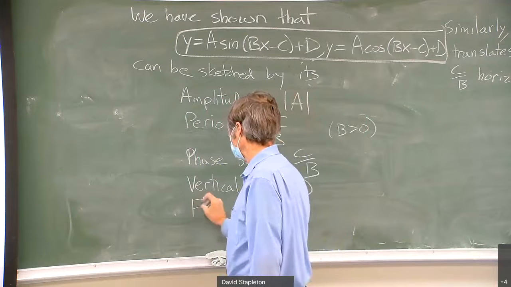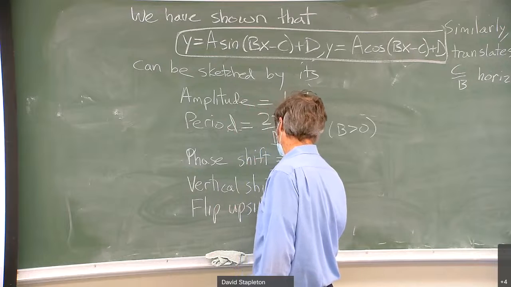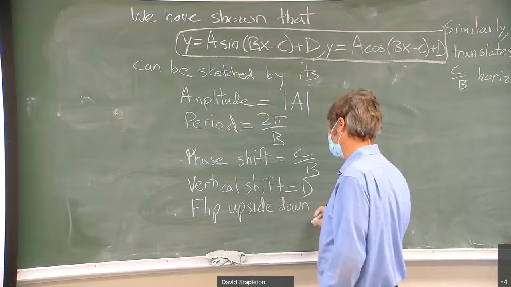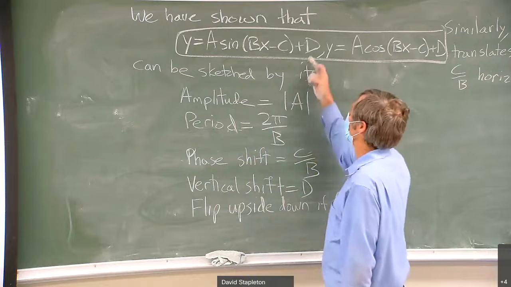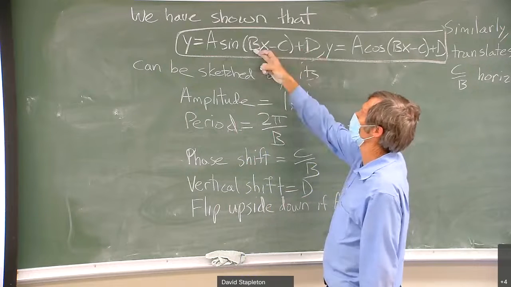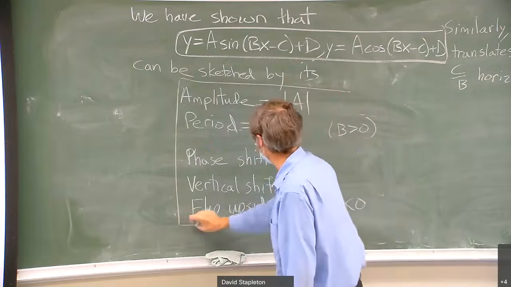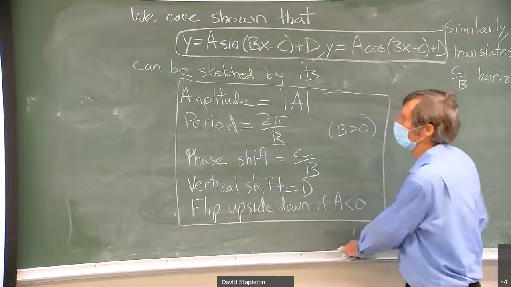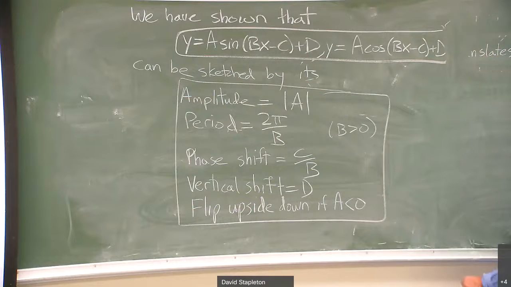And then there's a flip upside down if a is negative. Also flip horizontally if b is negative, but we're not going to do that normally. And what happens is whenever you see one of these functions, you can figure out what the 4 letters are by looking at it. And then you compute these 5 properties and you sketch it. That takes into account all the shifting and stretching from algebra in a fast way.